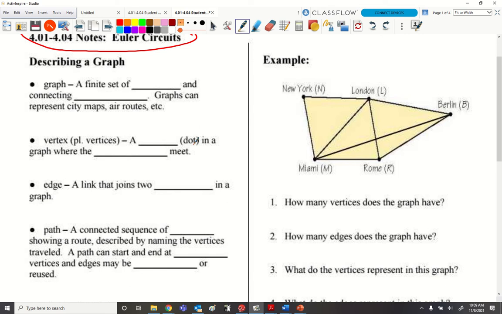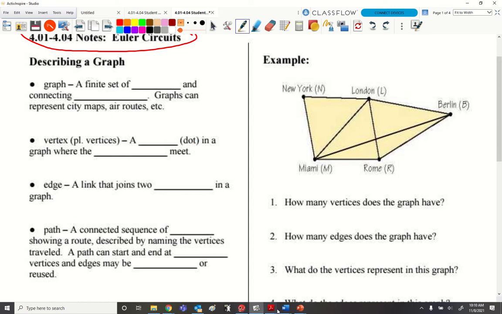Path: a connected sequence of edges showing a route described by naming the vertices traveled. A path can start and end at different vertices, and edges may be omitted or reused. Omitted or reused. So omitted means that we don't have to use it, or we could use it twice.